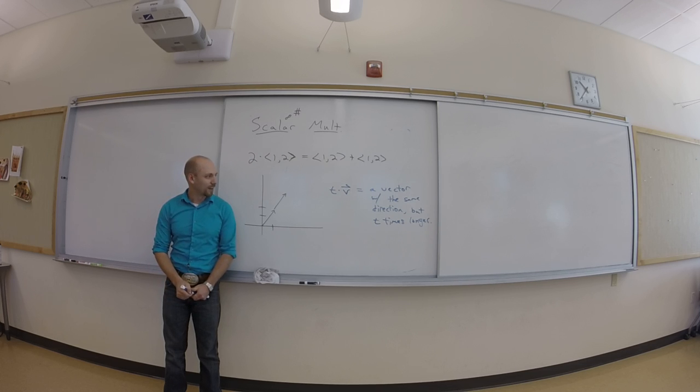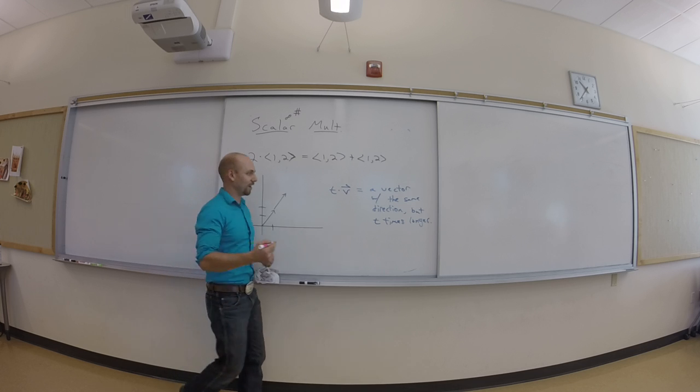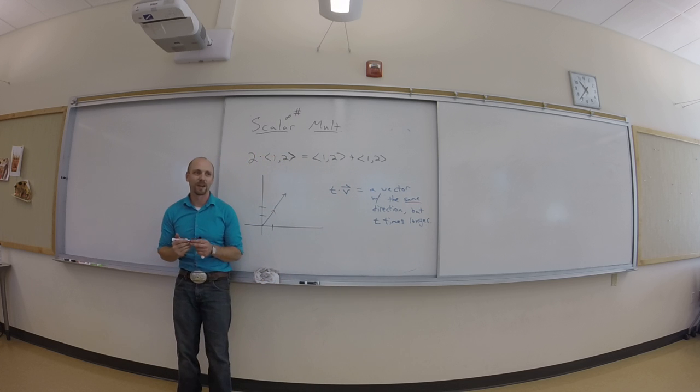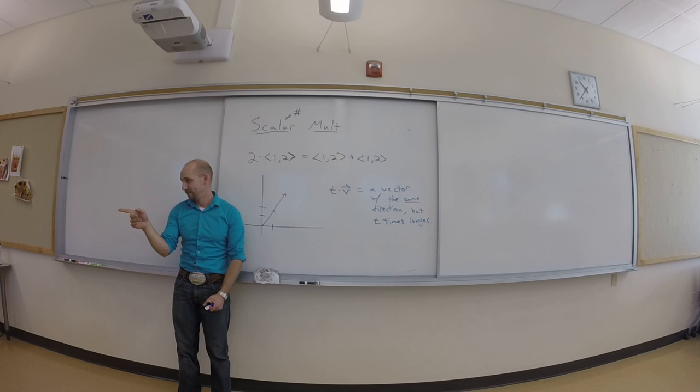I said that I lied to you a little bit in the middle of that. I said you should be concerned about this. Why should you be concerned about that? Because it's not always going to be the same direction, because sometimes t could be negative, in which case it would be the opposite direction.